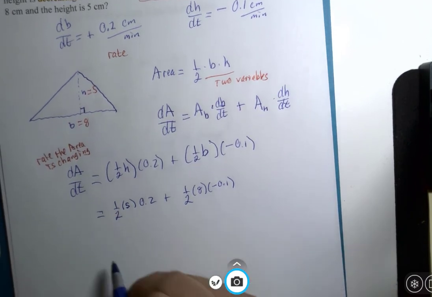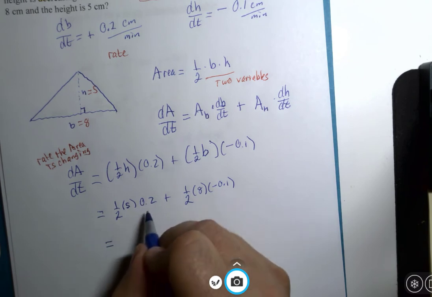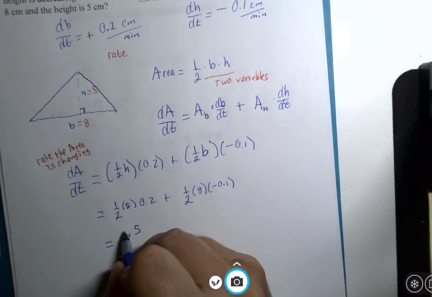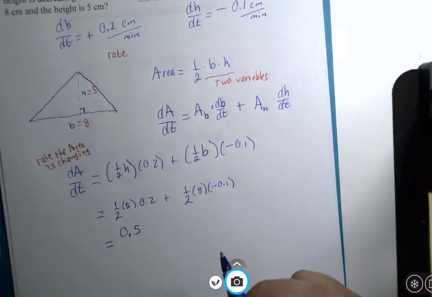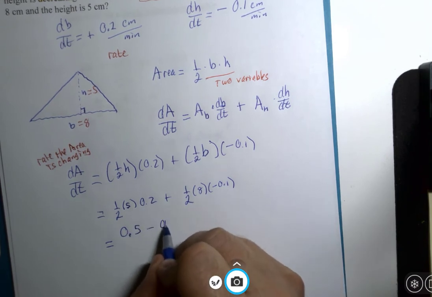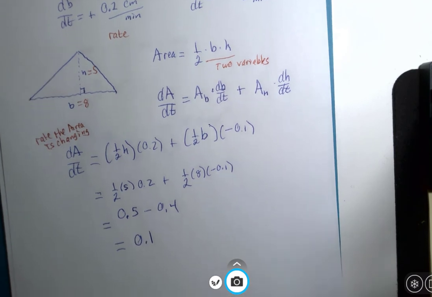Let's see what we get here. Half of that's 0.1. This is going to be 0.5 when I'm finished. Half of 8 is 4. For those minus 0.4, I get 0.1 something.